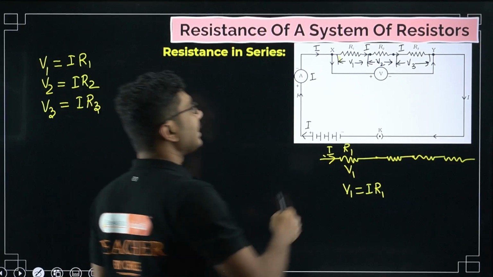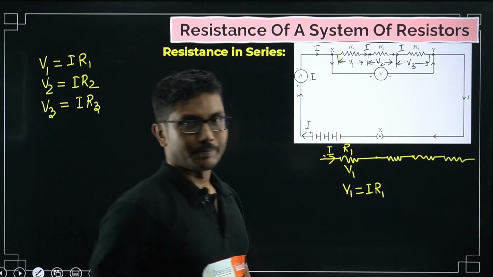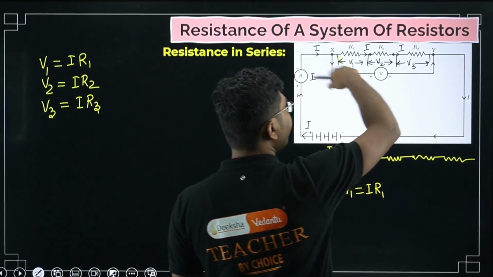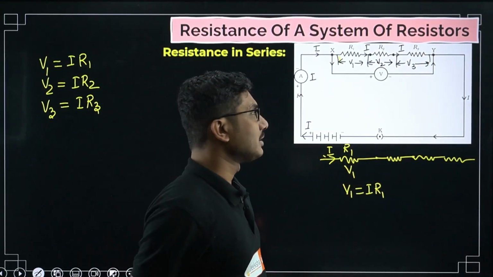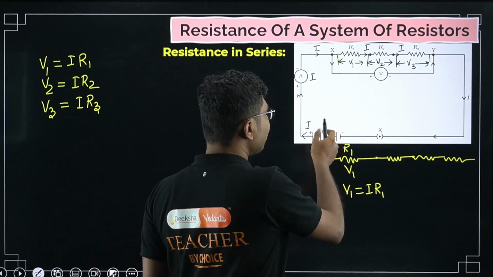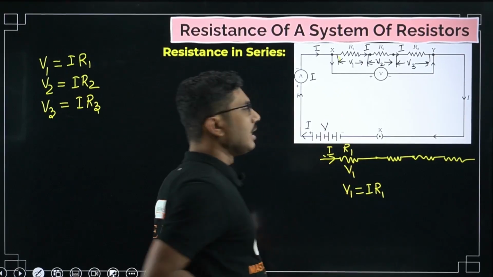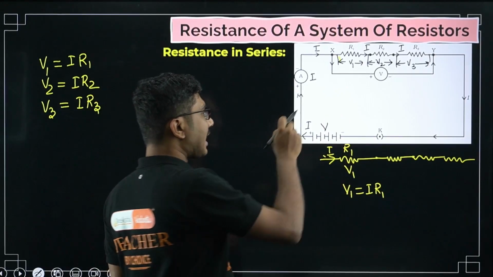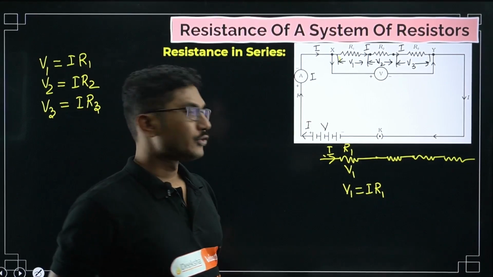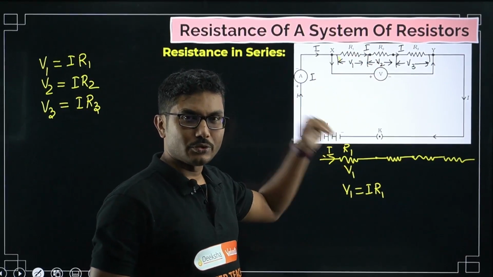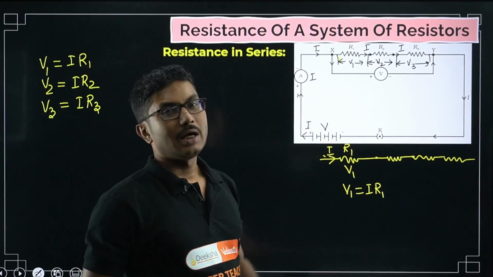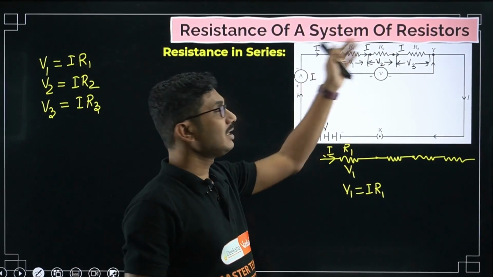Now if you measure the individual voltages and add them, then by the conservation of energy, you should get the same voltage that you have applied as a source. Whatever voltage the source has, the same voltage should be applied across the resistances.